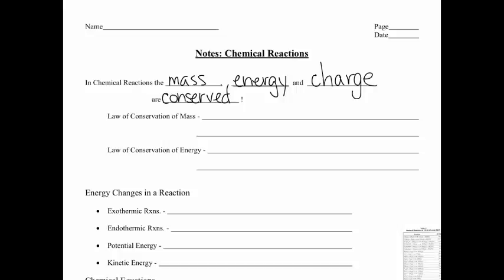So let's write that out. Mass of atoms before the reaction, and I'm going to abbreviate reaction RXN. That's a really common abbreviation that chemists use. So the mass of the atoms before the reaction must equal the mass after.